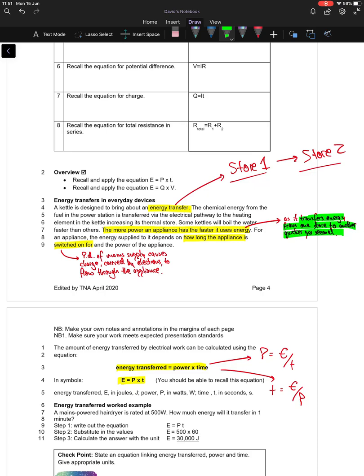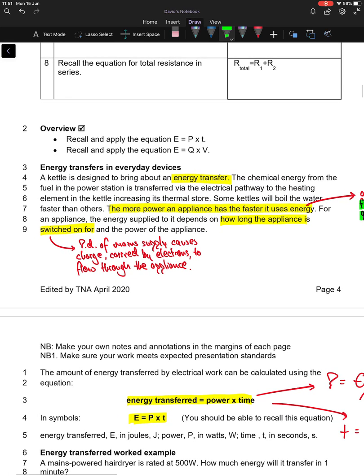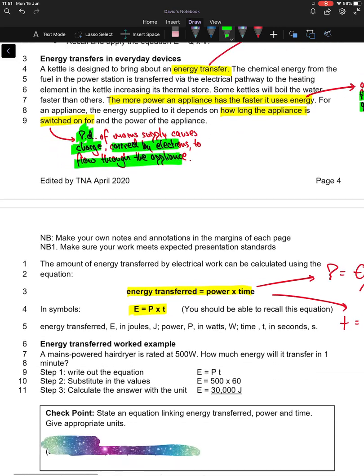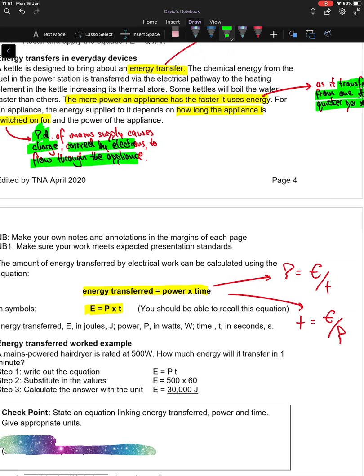For an appliance, the energy supplied to it depends on how long the appliance is switched on for and the power of the appliance. So remember, the PD, also the potential difference of the main supply, causes the charge, which is carried by the electrons, which flows through the appliance. Okay? So that's important to remember.